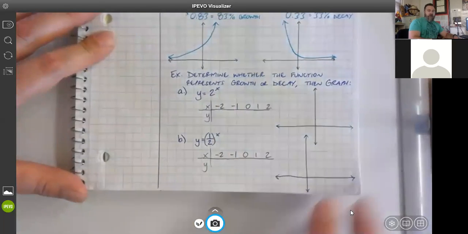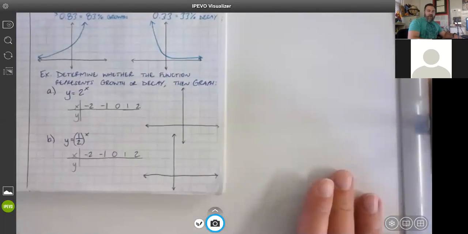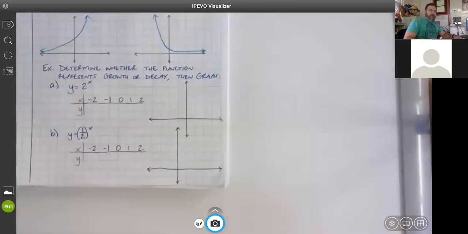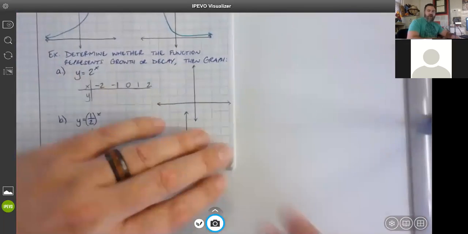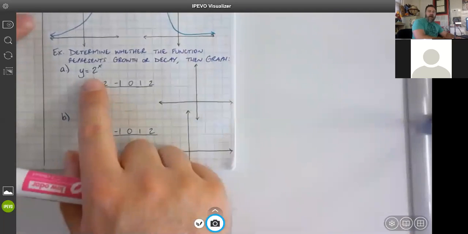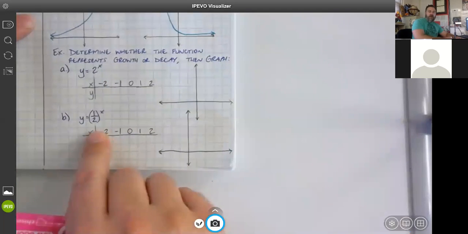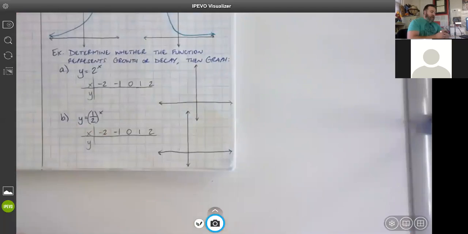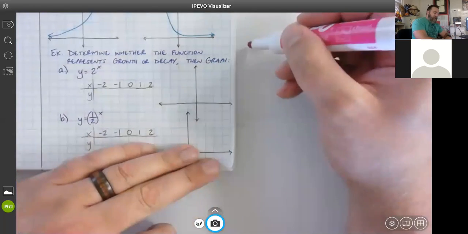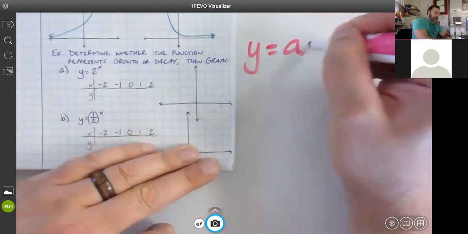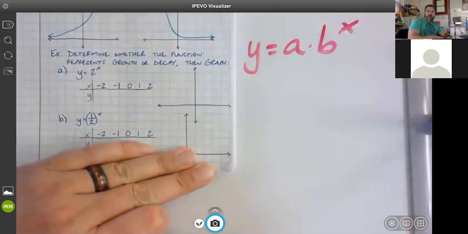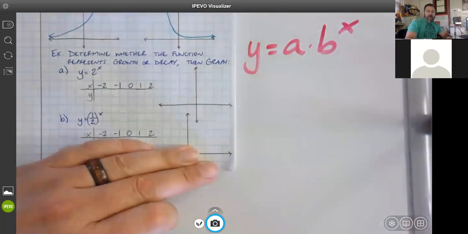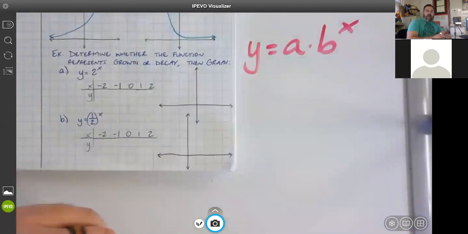So one thing I wanted to point out before I advance this is that both of these problems are in the a times b to the x structure, even though they look a little bit more minimal. We're still using a times b to the x, a being some starting amount, or y-intercept in these cases, and b being the constant multiplier.